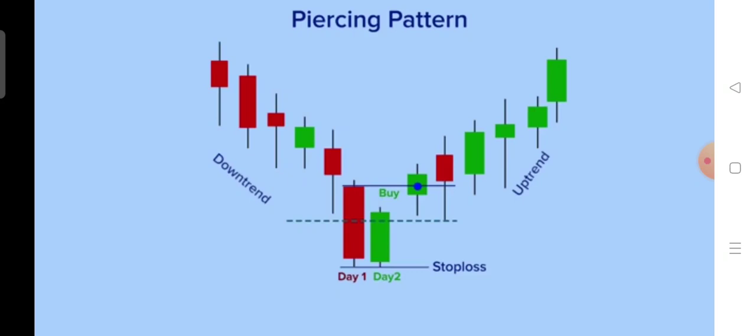And again, stop loss is at the low of the two candles, not the low of the body or either of the candles. And the breakout is when the price moves above the high of the two candles. So when this happens, someone can take a trade and have a trailing stop loss, because he or she doesn't know how long the price movement can go and how far it can go.